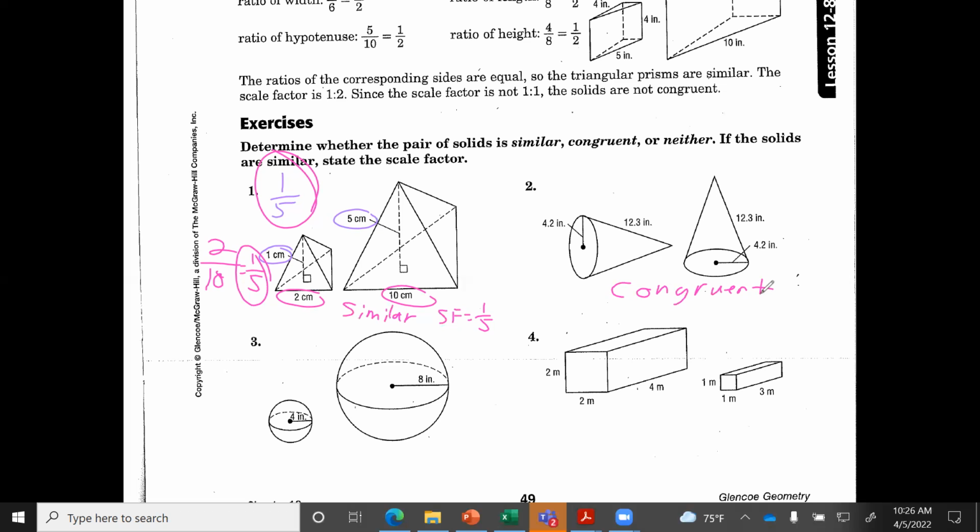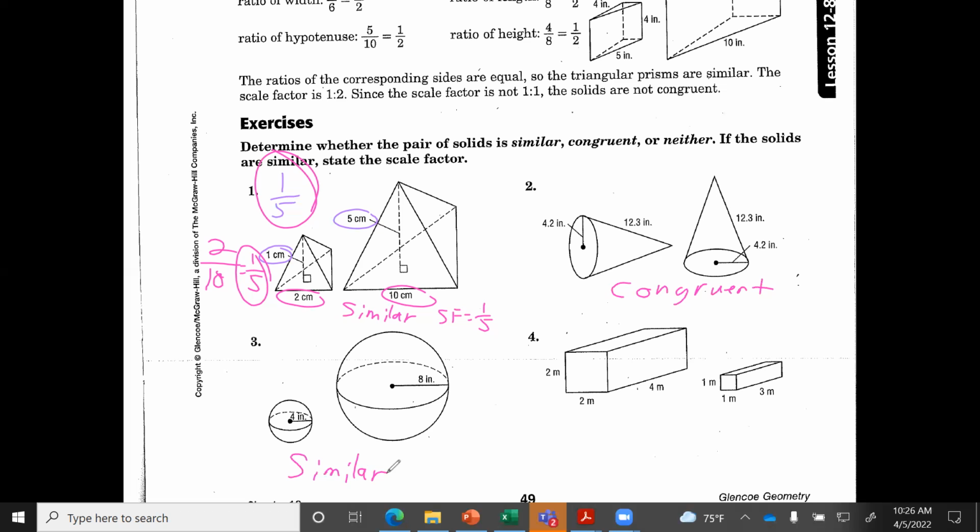These two are similar. Why? So you are right, they are similar. Why are they similar? Same shape, different size. All right, that's true.